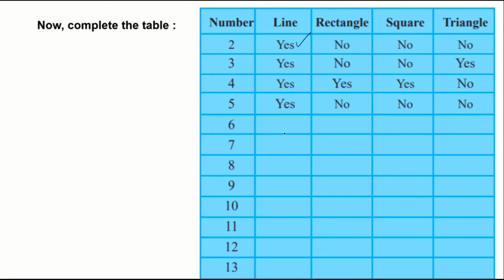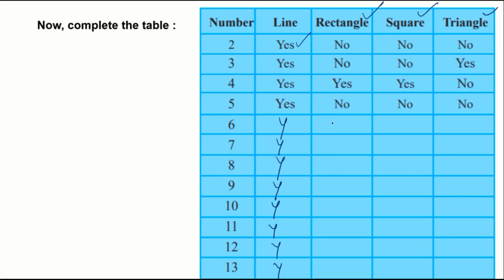All the whole numbers except 0 and 1 can be written in the form of a line. But only amongst them, a few can be done as a rectangle, a few as a square, and some as a triangle.